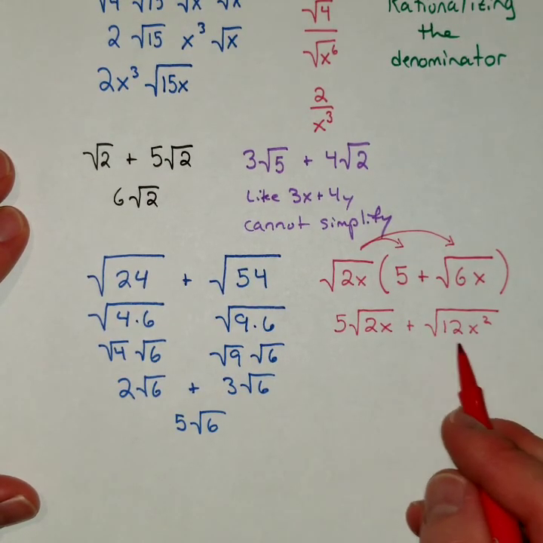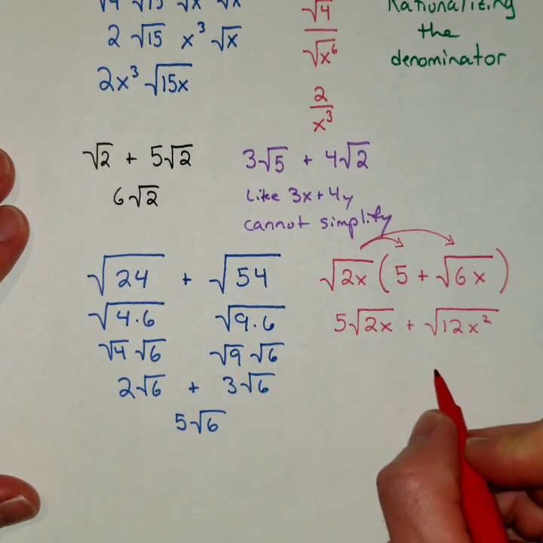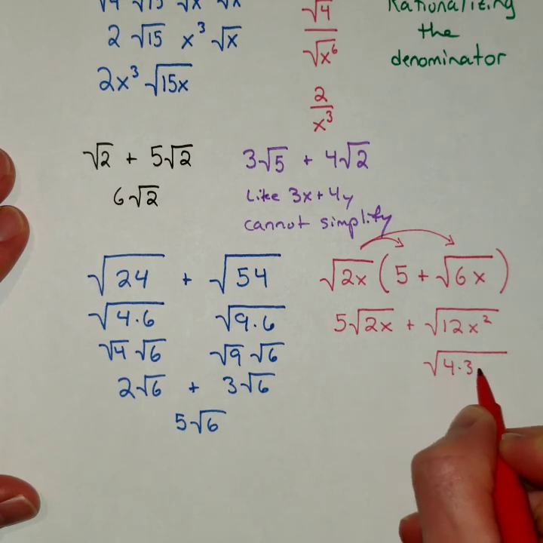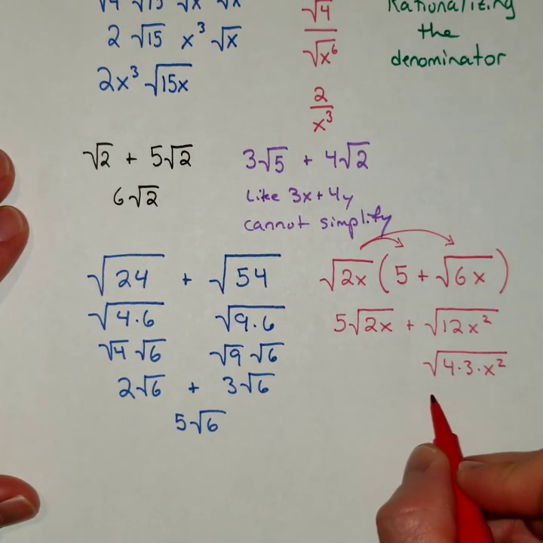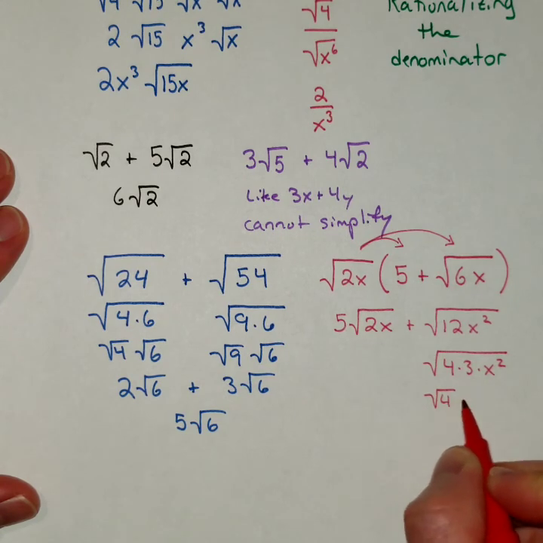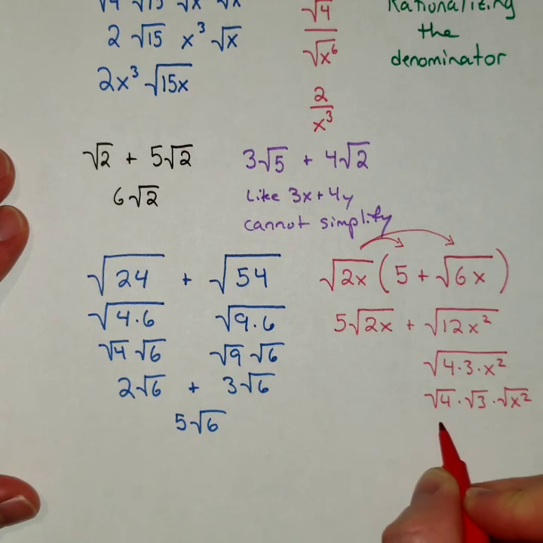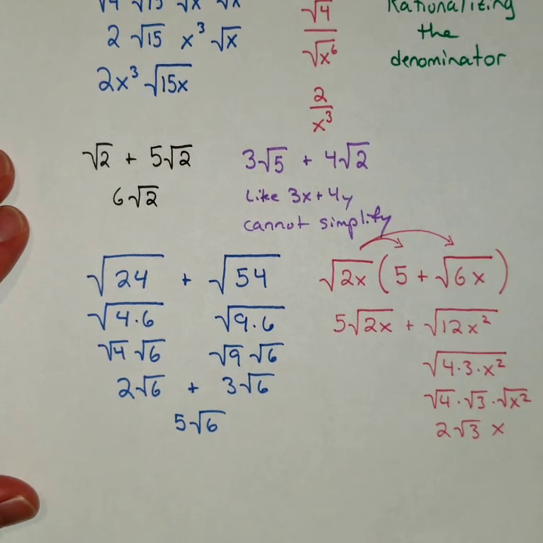And then on the second one I can simplify because the 12 now has a factor of 4. I have a perfect square factor now. So this becomes 4 times 3 times x squared, which is really, well, root 4, root 3, and root x squared. So that's a 2, a root 3, and half of the 2 is just 1, so that's an x.